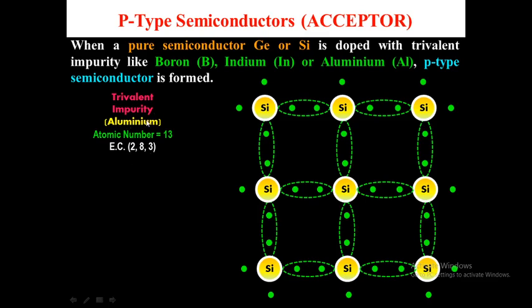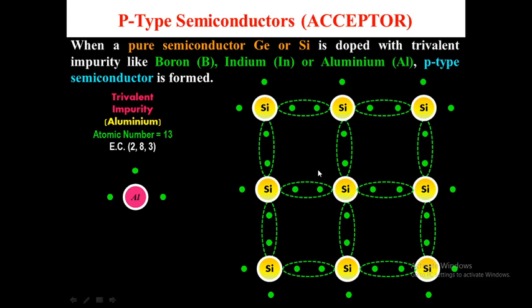Because we dope this pure semiconducting host crystal with this foreign element, hence it is known as an impurity to this host crystal of silicon. This aluminium trivalent impurity has 3 valence electrons, shown by this green circle.